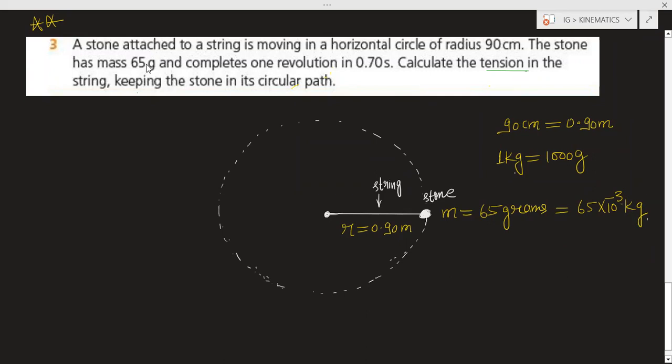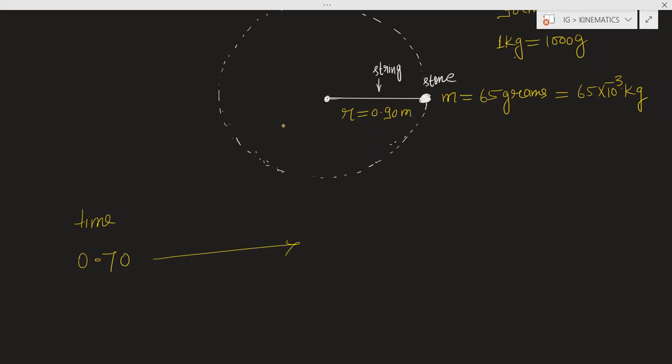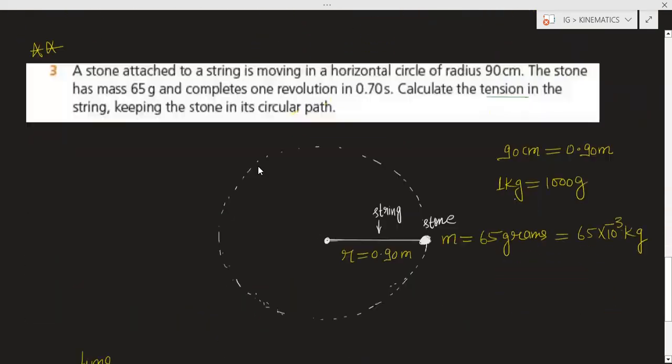After that, they are saying the stone has a mass of 65 gram and completes one revolution in 0.70 second.